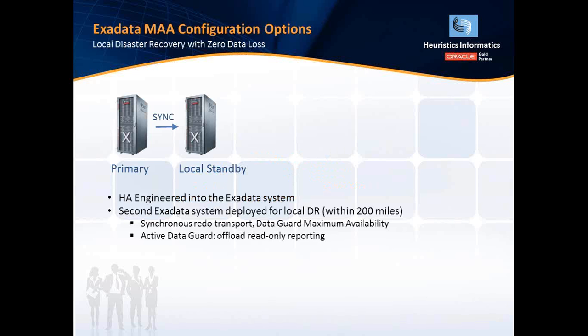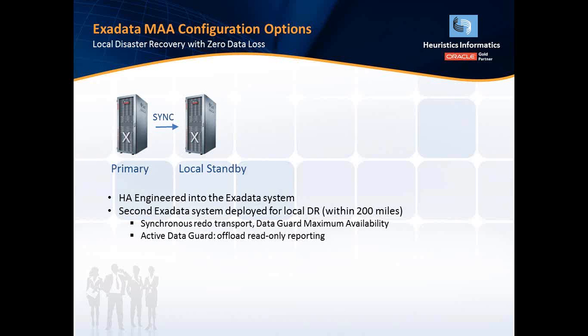First, simple high availability, it is called MAA, but I would say it is MAA with a local disaster recovery. The primary database and the standby database are within the same geographical region, within say 200 miles of each other.